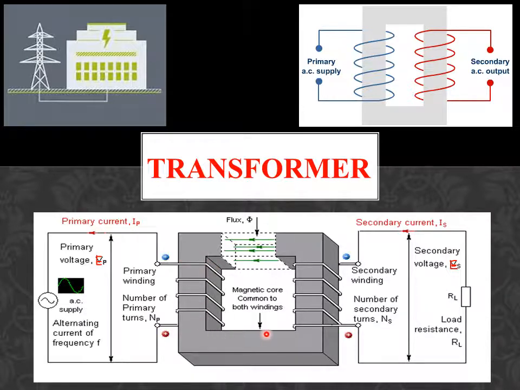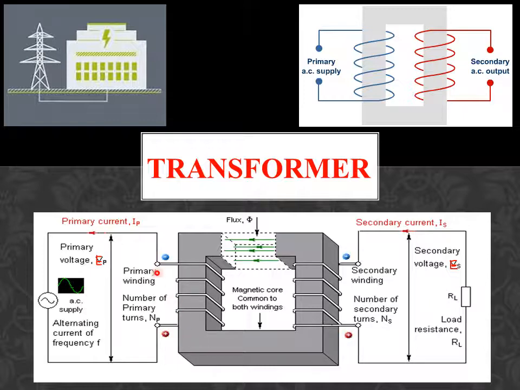A transformer consists of a rectangular soft iron core made up from the thin laminated sheets of soft iron. On one arm of the core, the primary coil P of insulated copper wire is wound.